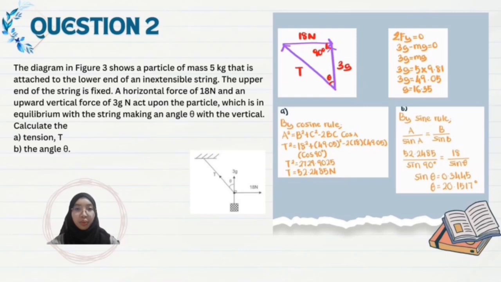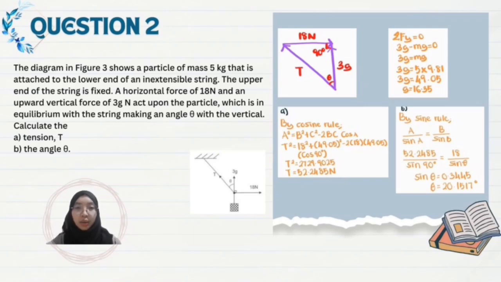By cosine rule, A square equal to B square plus C square minus 2BC cos A. So, we substitute in the formula. T square equal to 18 square plus 49.05 square minus 2 times 18 times 49.05 times cos 19.